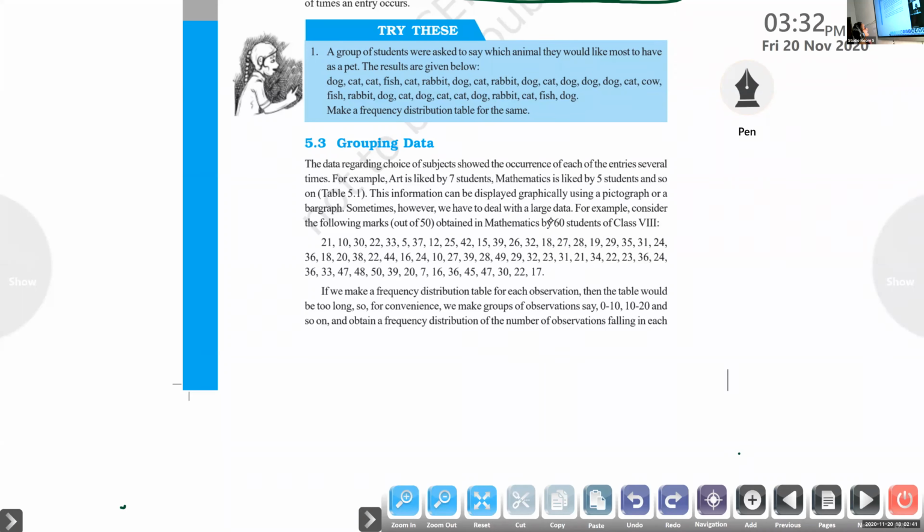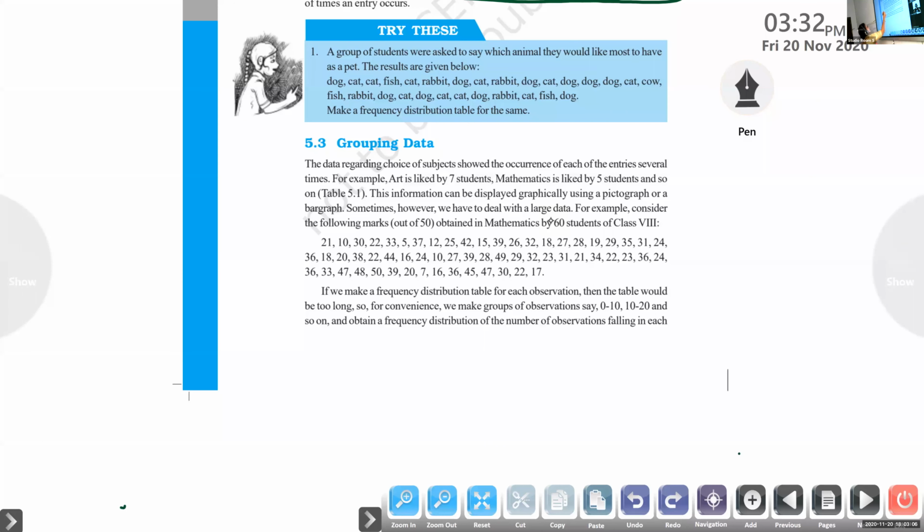The least number is 5, I think. So from 5 to 60, there are many marks. It is very difficult to write all those marks, put tally marks and find the frequency. In this type of case, what will we do? We can group some of the marks.